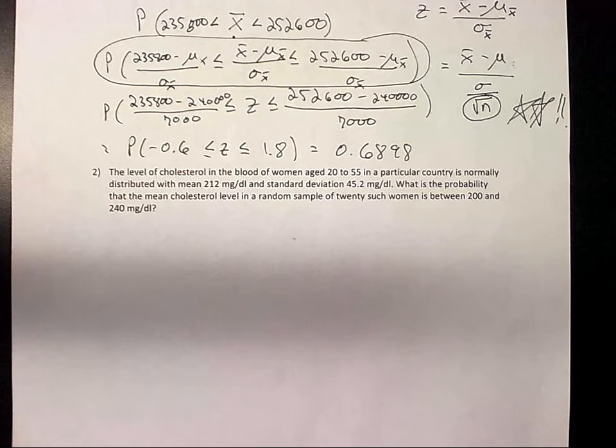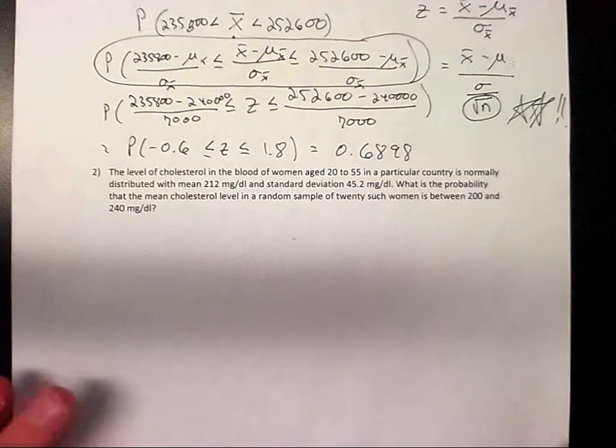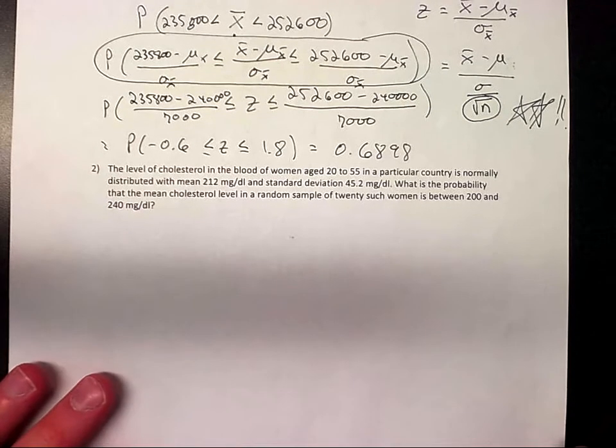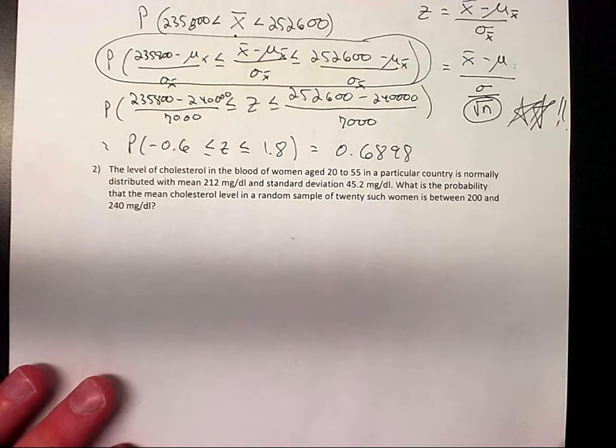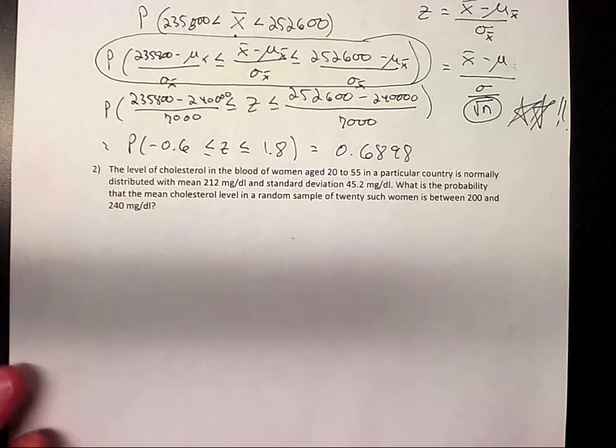So the cholesterol in the blood of women aged 20 to 55 in a particular country is normally distributed with a mean of 212 milligrams per deciliter and a standard deviation of 45.2. What is the probability that the mean cholesterol level in a random sample of 20 such women is between 200 and 240?